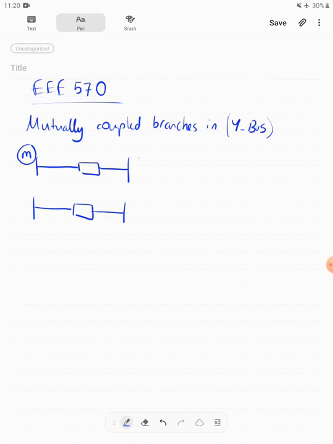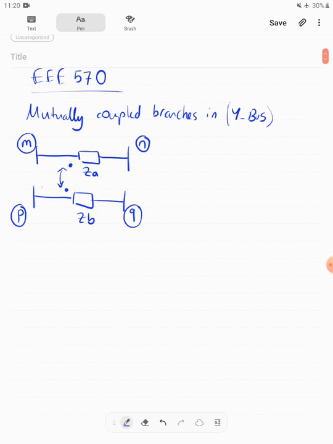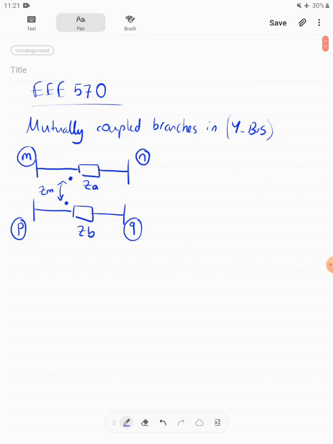These are the bus names M, N, P, Q. These boxes represent the impedance of each branch, ZA, ZB, and this notation shows that there is a magnetic coupling between these two transmission lines, and Zm is called the mutual impedance between these two branches.